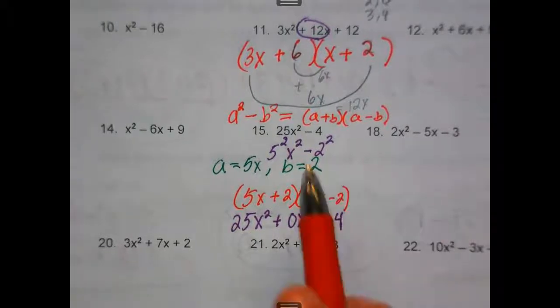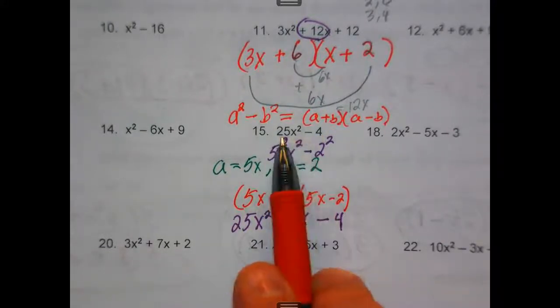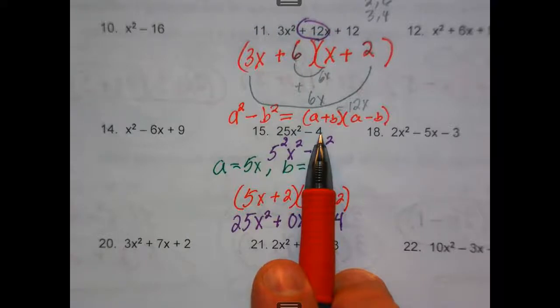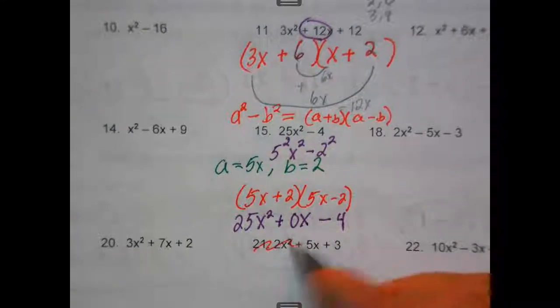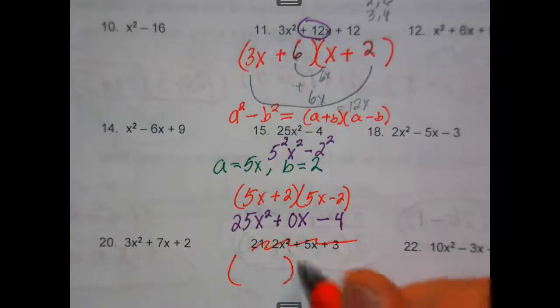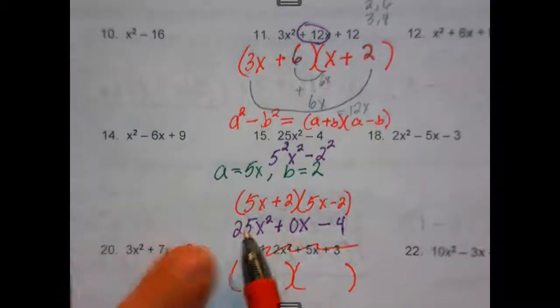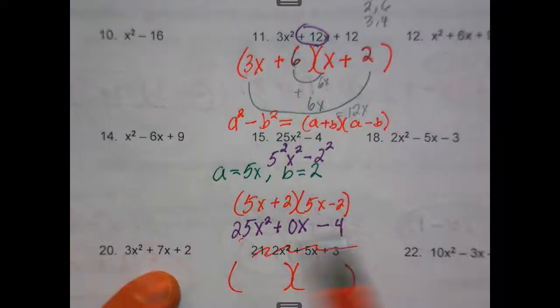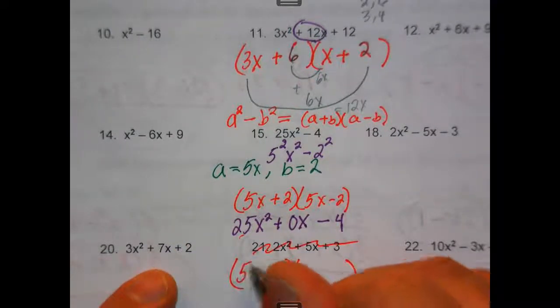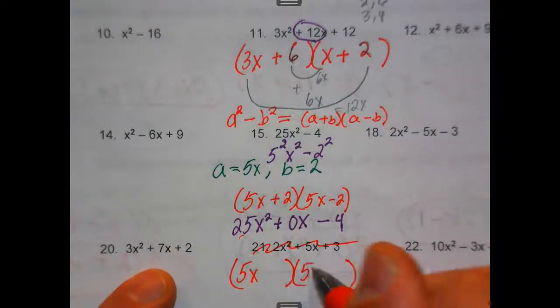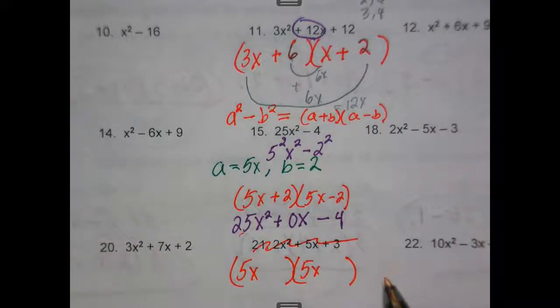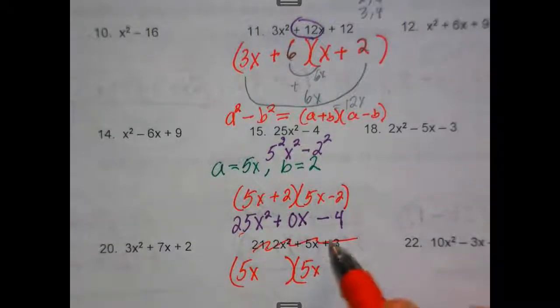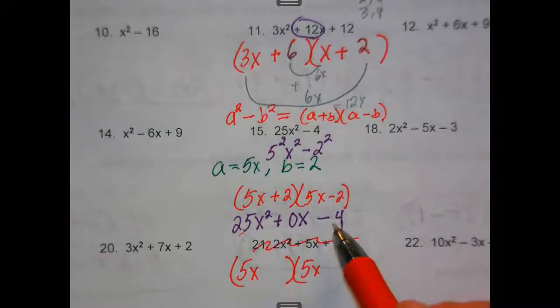Yeah, no, because there's no common factor between the 25 and the 4. You're just going to have to do the factors of 25, 1 and 25 and 5 and 5. Chances are you're going to use 5 and 5. And no, you can't factor it the simple way because there's a plus and a minus. Now, you could do it the same way.